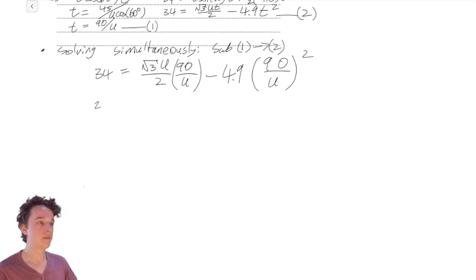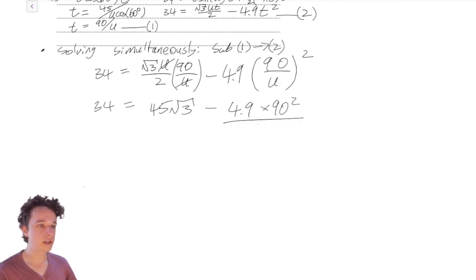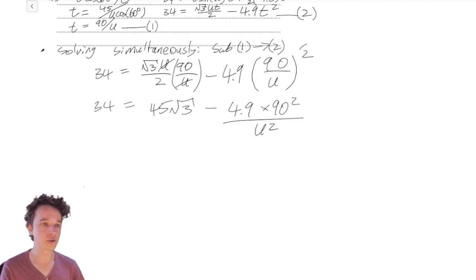And then we can simplify this equation by saying that this u up here cancels out with this u down here. The 2 in the denominator here will make this 90 into a 45. So 45 root 3 minus 4.9 multiplied by 90 squared divided by u squared. And that's just distributing this squared term to the 90 and the u.